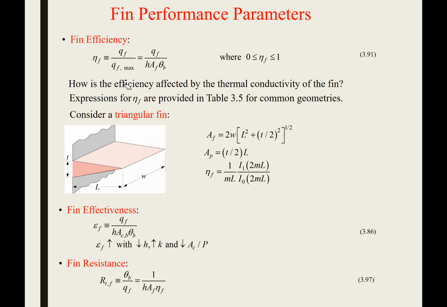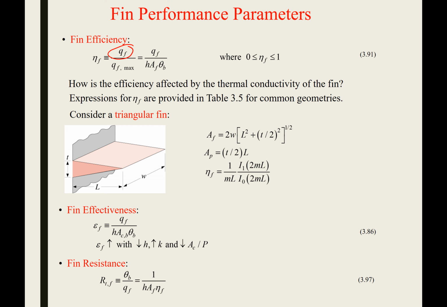The way to solve for the fin efficiency would be to apply one of those equations from the table and then calculate how much heat would leave the fin if it were all at the base temperature.